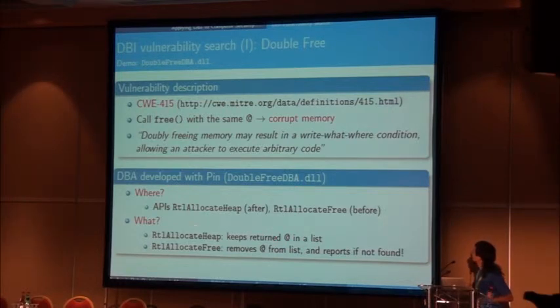After calling the allocation of memory, I'm going to keep the address of the memory that the system has provided in a list. After releasing the memory, I'm going to remove that address from the list, and if the address given to me is not in my list, I can report that maybe I have found a vulnerability.